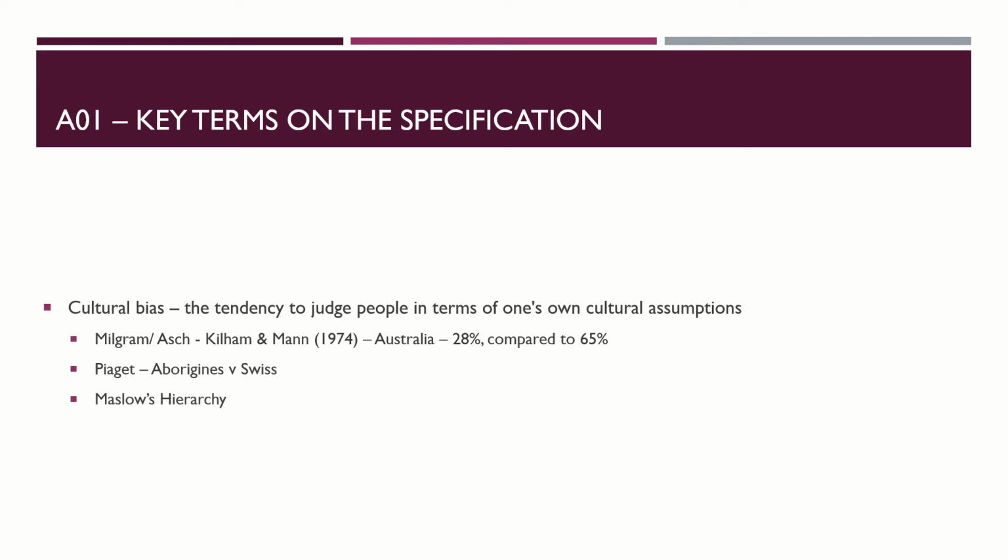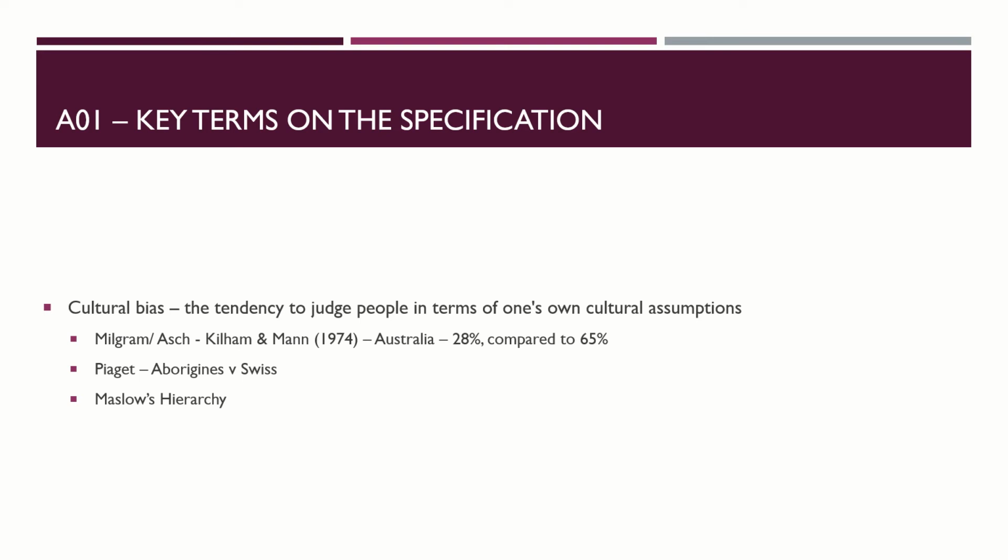And psychology is definitely not innocent of this. When we think about psychology, a lot of the research and theories conducted are very much focused through a Western gaze, or through a culture that's inspired by European influences.